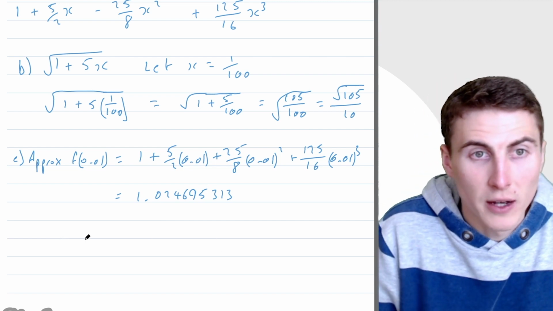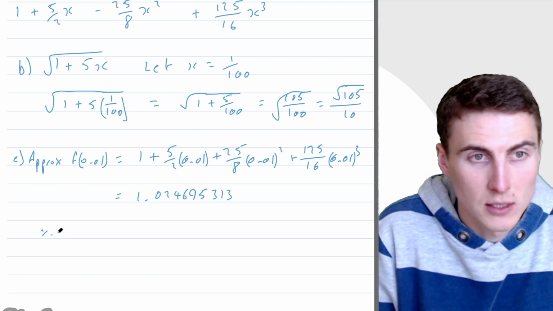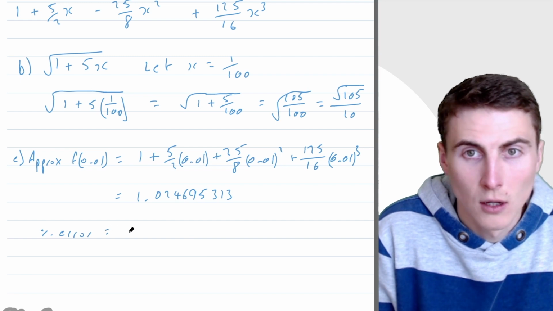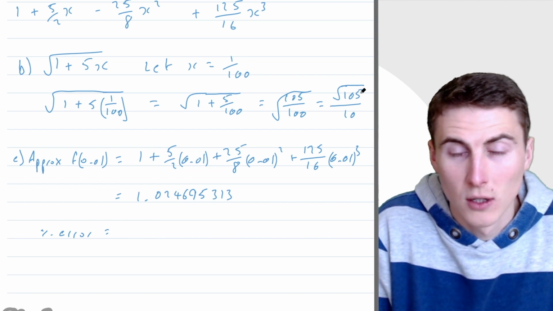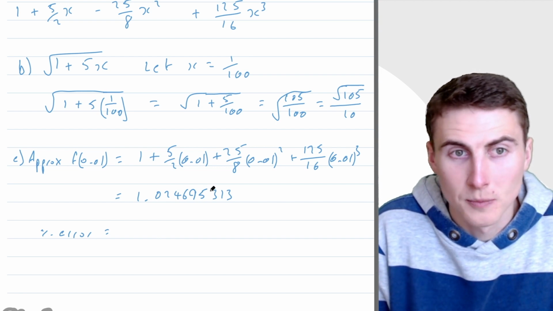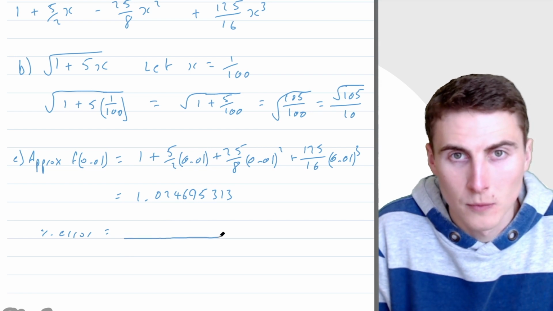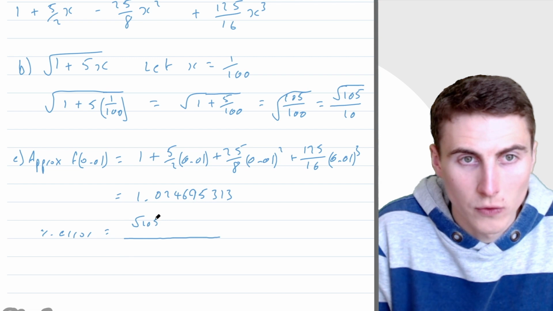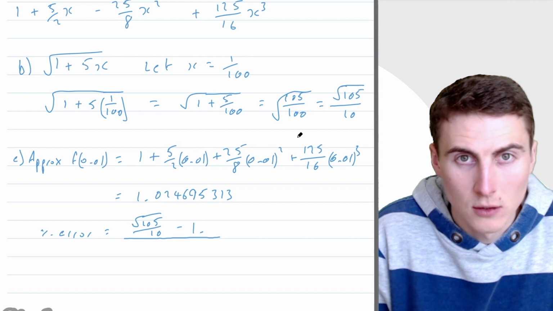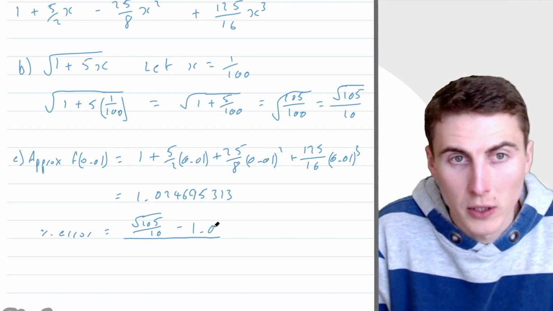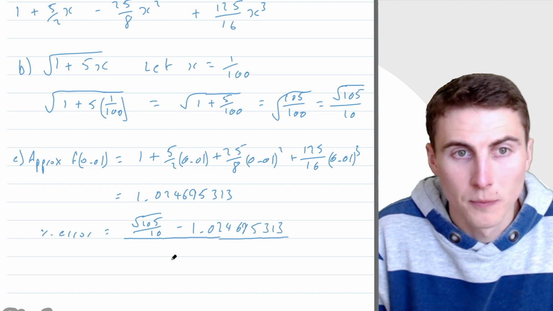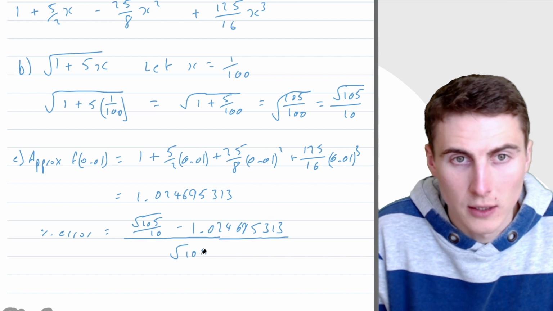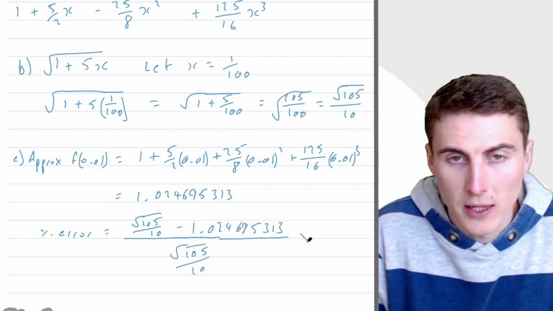So now what we can do is find the percentage error by doing the difference between the two. So the difference between our actual and our approximate, and divide that by the actual. So we can do the root 105 over 10 minus, so that's the actual, minus the 1.024695313, which is our approximate, divided by the actual again, and then times that by 100.